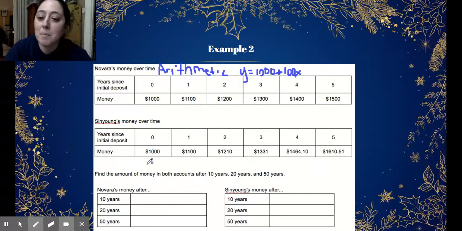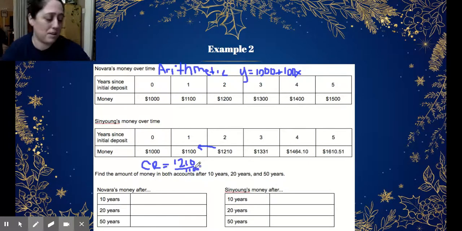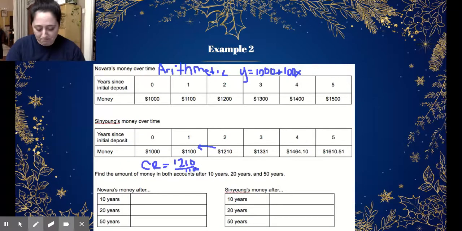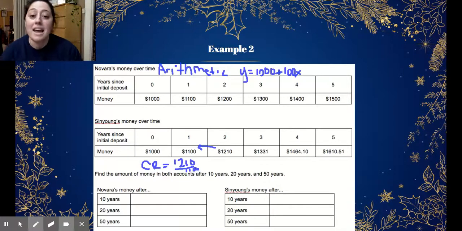To find my common ratio, I take any of these terms, let me pick 1,210, and I'm always dividing by the number in front of it, so 1,100. I'm going to do that on my calculator, which is my phone. I have 1,210 divided by 1,100, and I get 1.1.